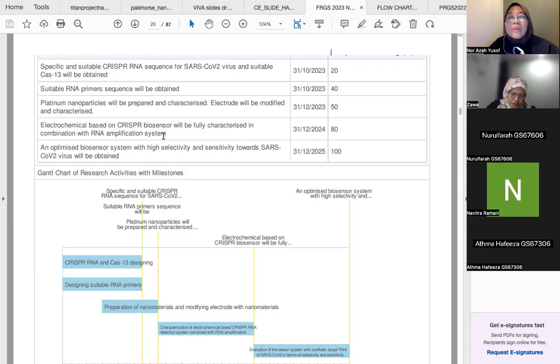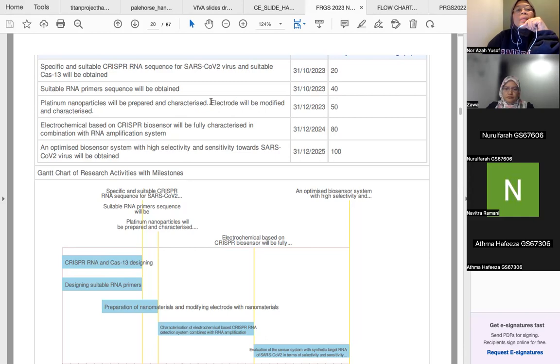So milestones are very important. And then you need to know, of course, about your timing. That's why developing a proposal is like planning your life. For example, the first milestone that I want to achieve is to get a good design of CRISPR-RNA. I expect to achieve it in, what, 6 months?